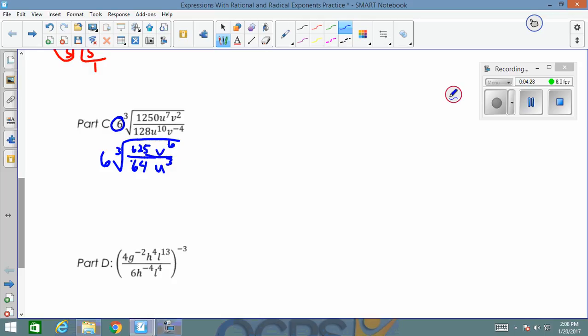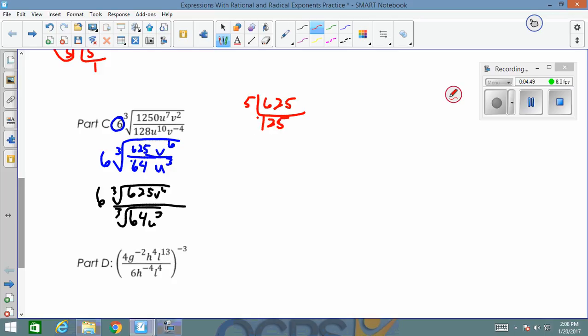And then what we're going to do is separate these out. So we're going to have 6 times the cube root of 625 e to the 6th over the cube root of 64 e to the third. So let's separate them out. So let's do 625 first. 5, 5, 5, and 1.